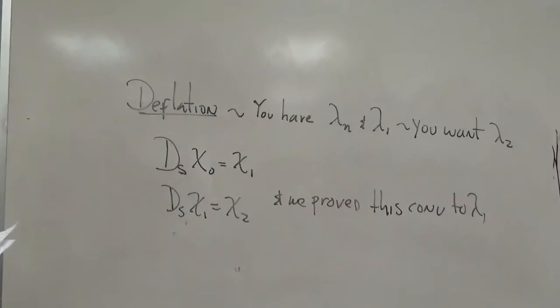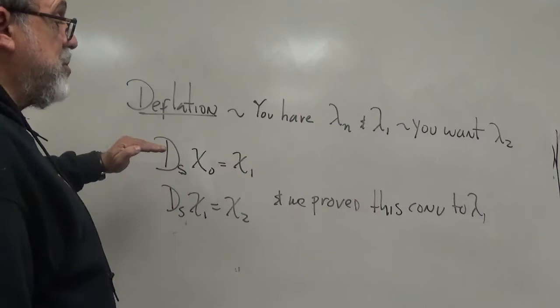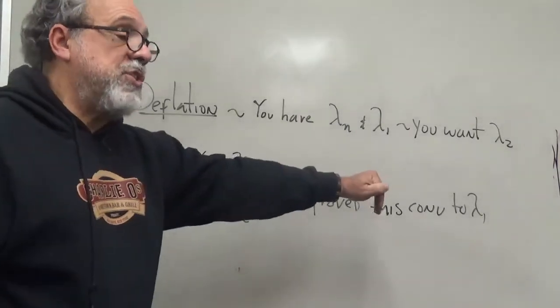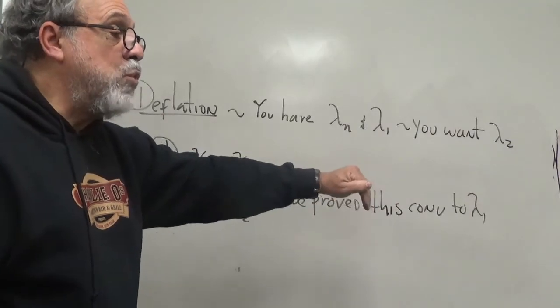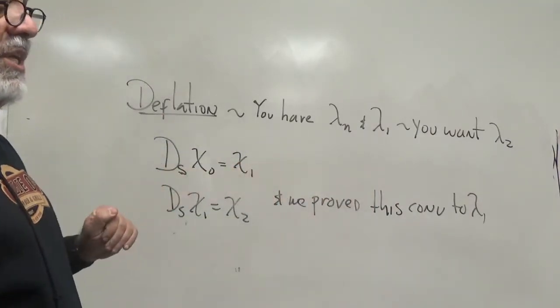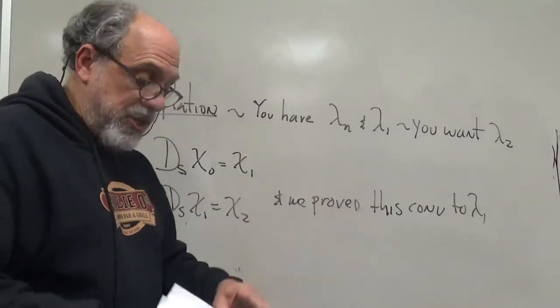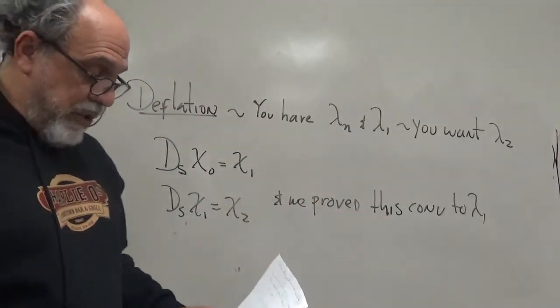Now what we are going to do is say one way that we can ensure that this procedure converges not to the largest eigenvalue but to the one before the largest is if we can make the coefficient of the largest equal to 0.